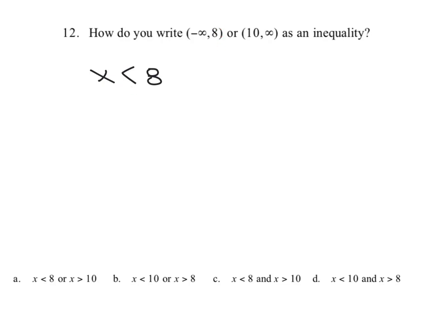Okay, or, now we've got here 10, going from 10, but not including it, all the way up until infinity. So now we know that x is going to be greater than 10. Can't be 10 because it doesn't say it's included, but it can be greater. So x is greater than 10, or x is less than 8. Which one represents that? Let's look on the bottom. x is less than 8 or x is greater than 10. That is A. Okay, hopefully you're making sense of these.